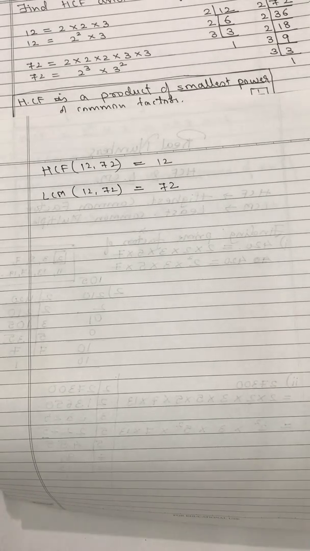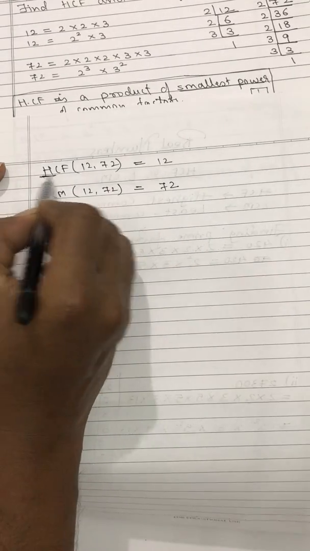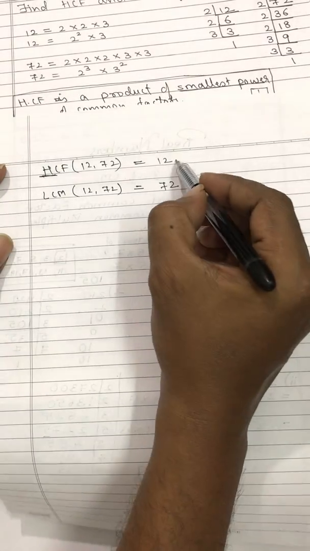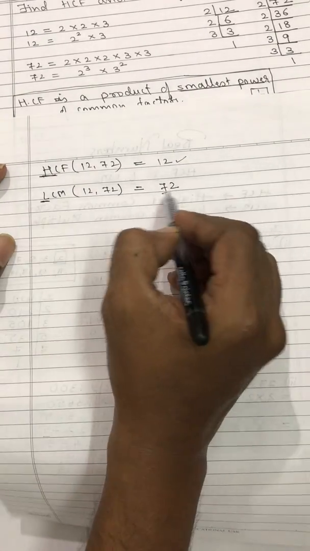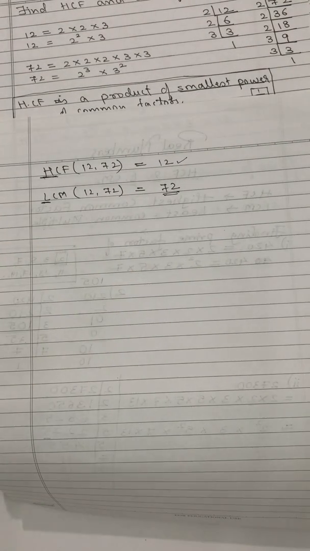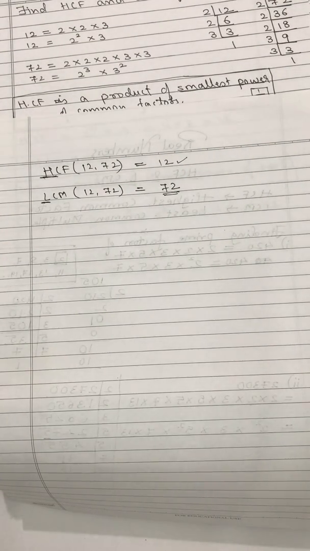The name is highest common factor, and it is 12. Least common multiple, and it is 72. So sometimes students get confused that the name is highest and still it is lower than the LCM, which is least. How is that?